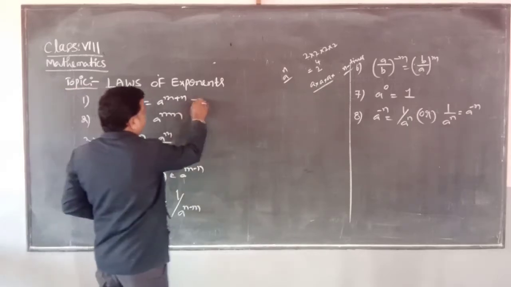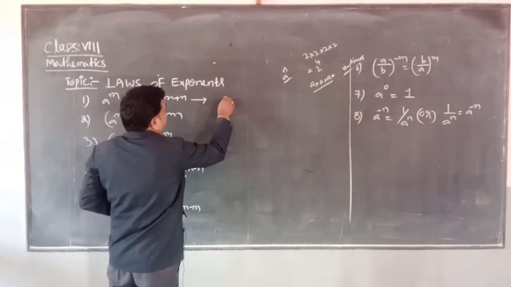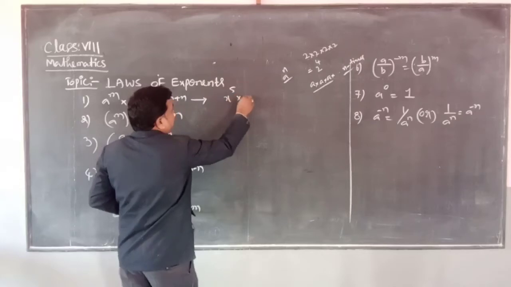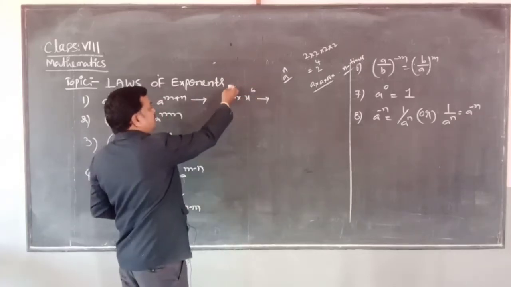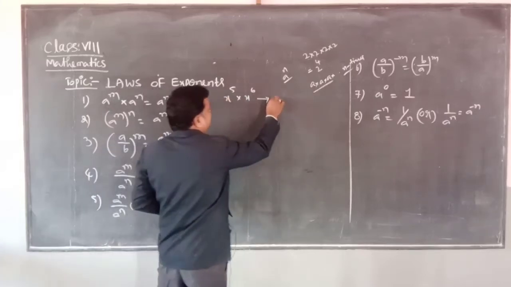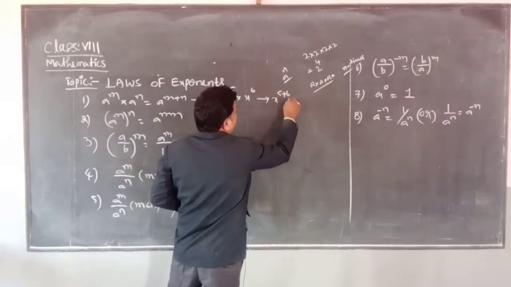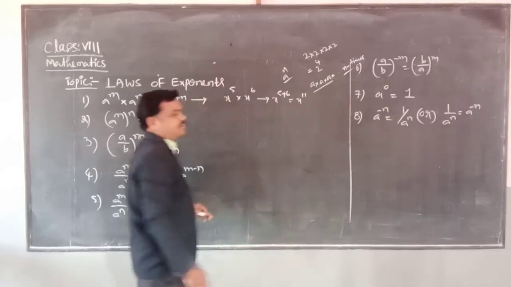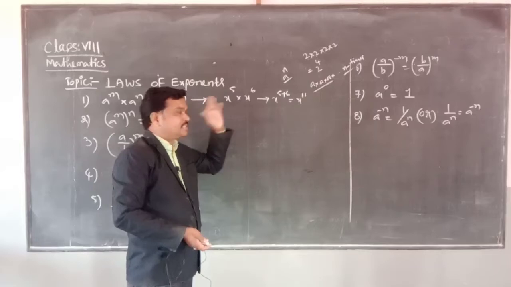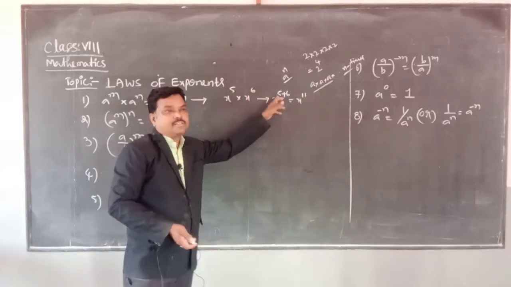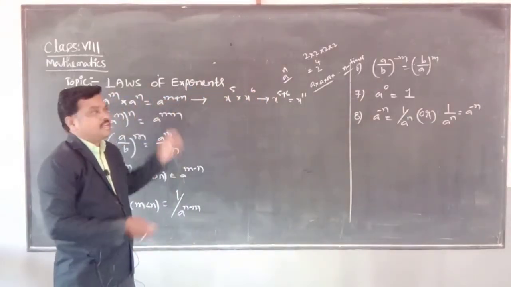See this example, x to the power of 5, x to the power of 6. The value of x to the power of 5 into x to the power of 6 is equal to x to the power of 5 plus 6, which is x to the power of 11. In this also the bases are same, we just added the powers by using this first law.